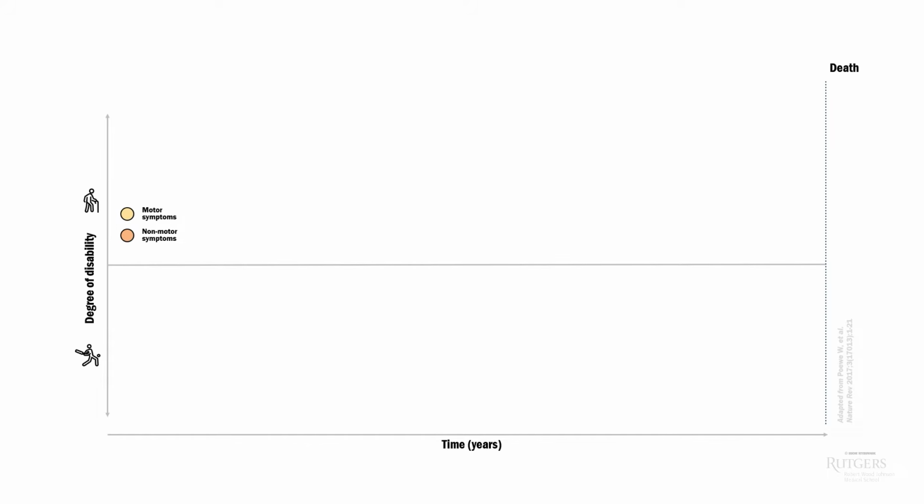Above the midline in yellow are progressive motor symptoms, and below the midline in orange are progressive non-motor symptoms. Like most people with Parkinson's disease, our patient was diagnosed in his 50s, based on the presence of Parkinsonism, bradykinesia, rigidity, tremor. But Parkinson's is truly a systemic disease.